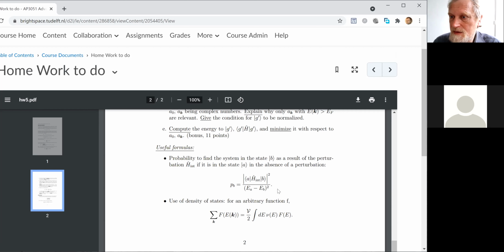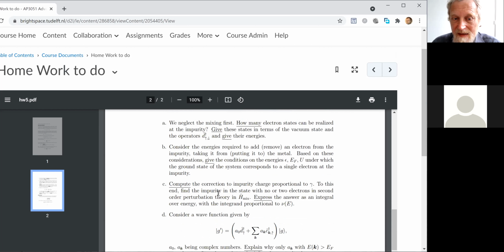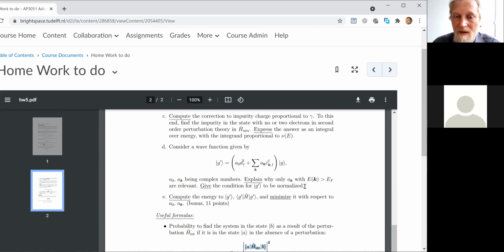It is a correction to the eigenvector of the state A because of the perturbation, right? The square of this correction will give you the probability to be in this state. Okay, right. So for this, you need to sum over all states and compute the correction to the charge. Good.